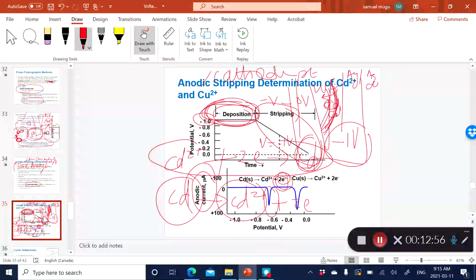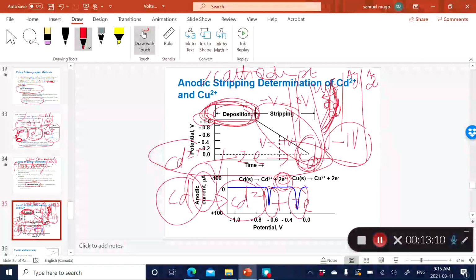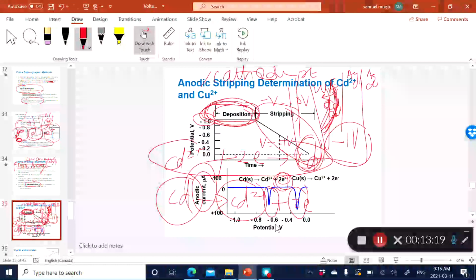And in the end, you can see I actually get the peaks that I can integrate to determine the amount of cadmium that is present. So as you can see, it's a perfect way of doing pre-concentration. Very, very important when you're doing trace analysis to do deposition, and then the stripping technique.